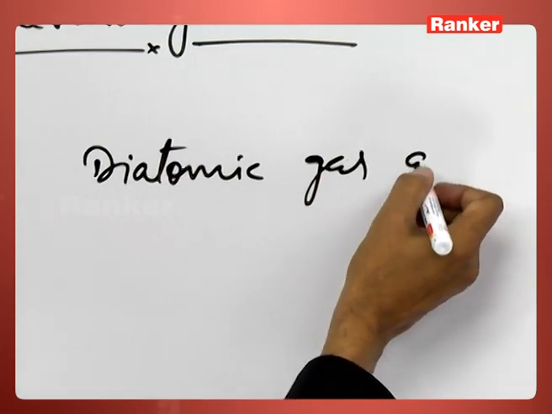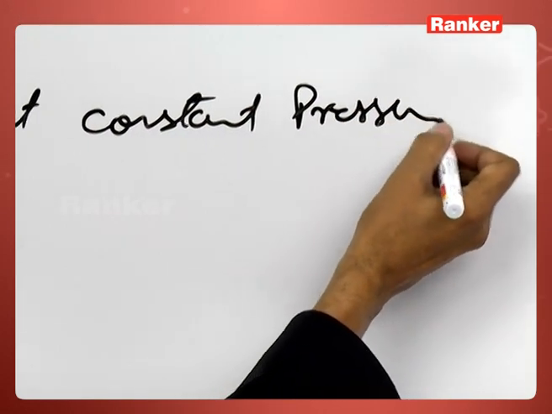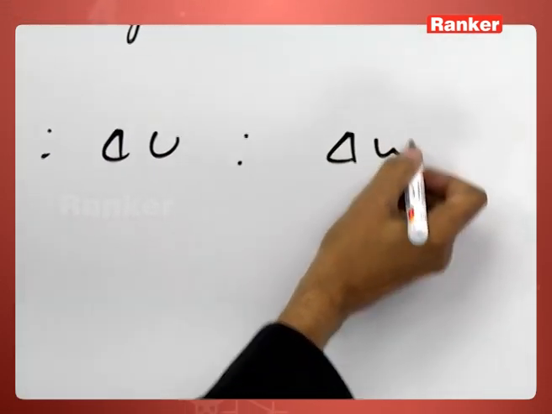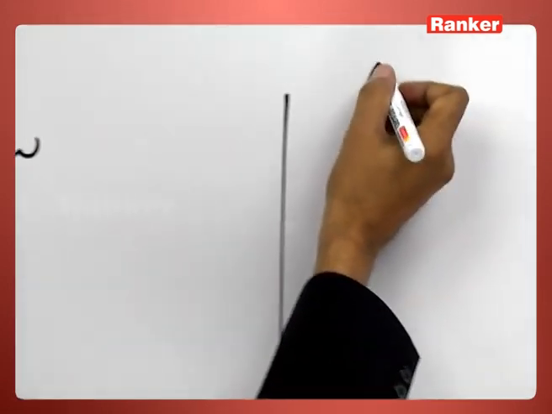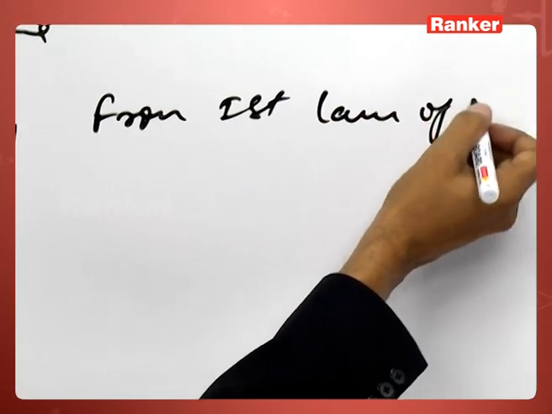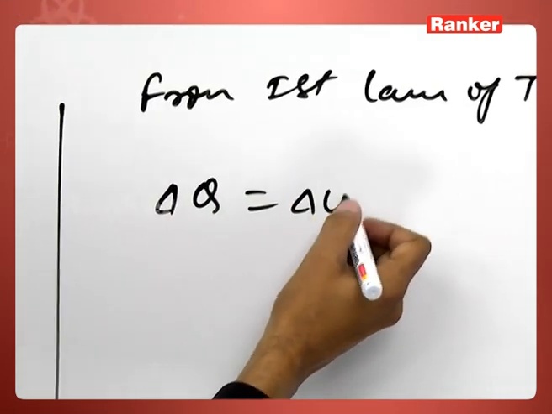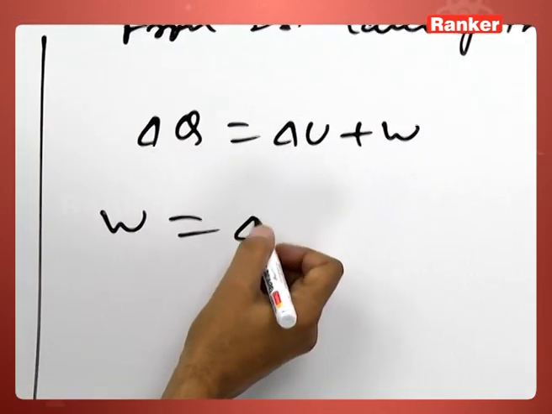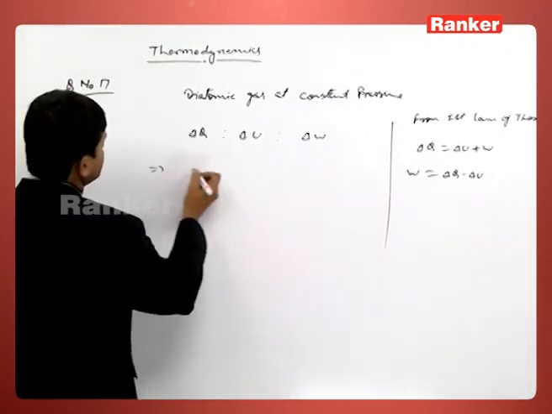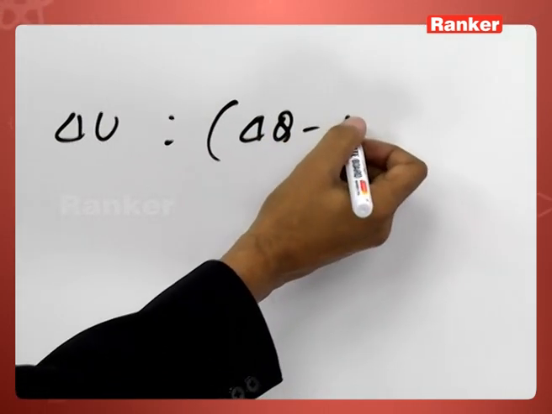So they are asking the ratio delta Q, delta U, delta W. As from the first law of thermodynamics, delta Q is equal to delta U plus W. So W is delta Q minus delta U. So this is further written as the ratio delta Q, delta U, delta Q minus delta U.